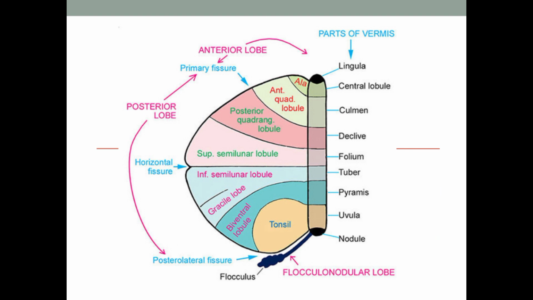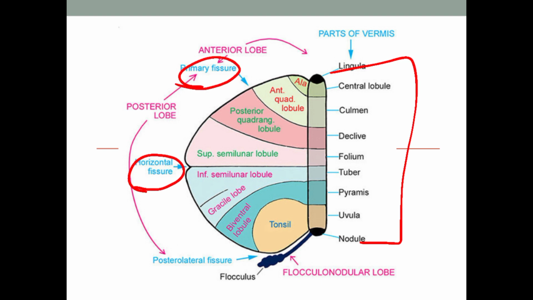So I'll repeat again. Here remember we are discussing the parts of the vermis. The center part you are looking at is the vermis part. On either side it is called a part of the cerebellar hemisphere. So first you draw the horizontal fissure. Next you draw the primary fissure. Above the primary fissure the lobe is called the anterior lobe.